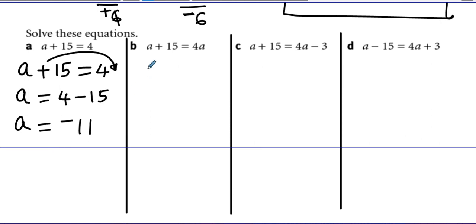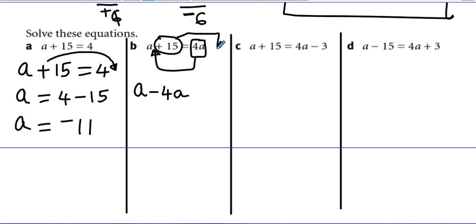Okay, the next question is a plus 15 equals 4a. So take this number with a letter and shift it to the left hand side. So this will be a minus 4a. And this number without the letter, which is positive 15, take it to the right hand side.